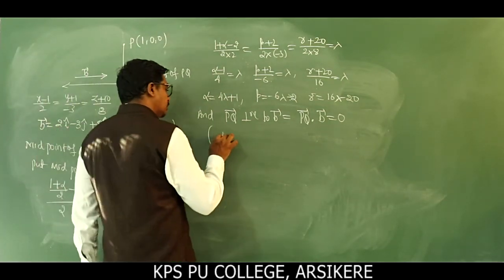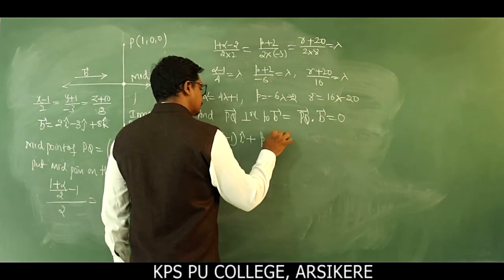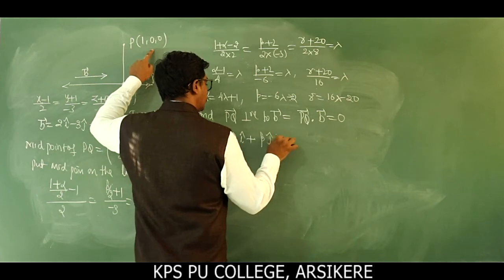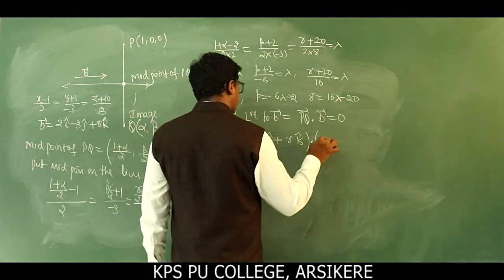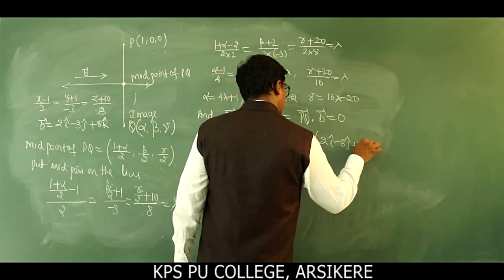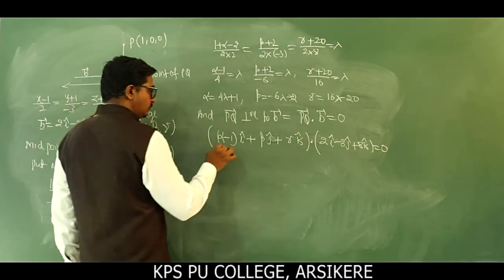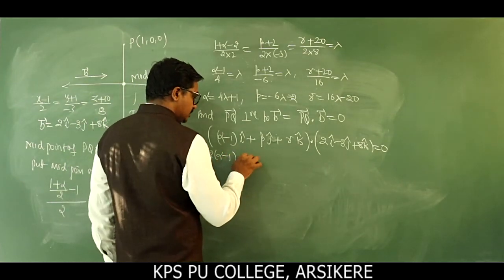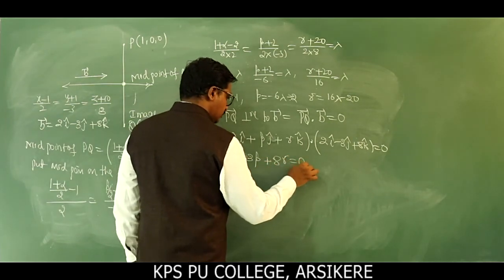That becomes (alpha minus 1) i cap plus (beta minus 0) j cap plus (gamma minus 0) k cap, dot vector B, 2i minus 3j plus 8k, is equal to 0. Find the product: 2 into (alpha minus 1) minus 3 beta plus 8 gamma is equal to 0.